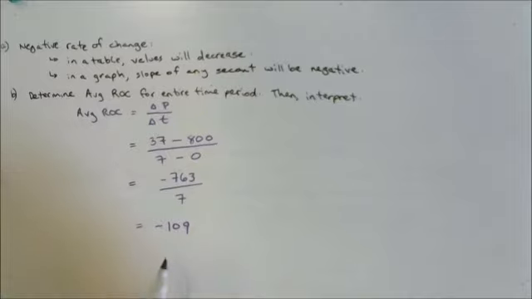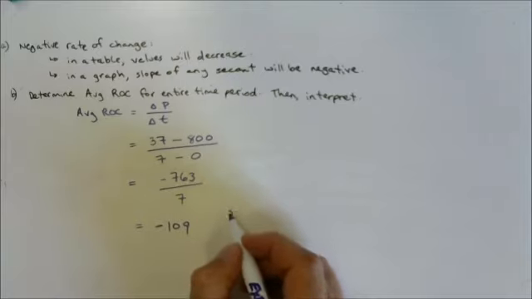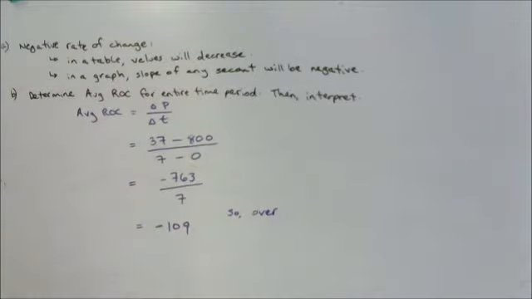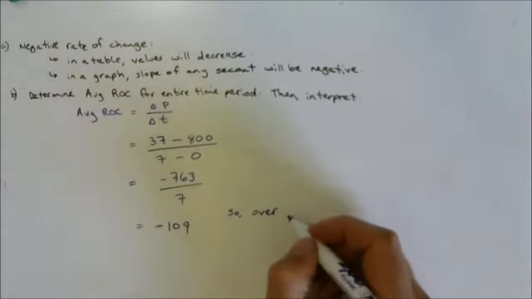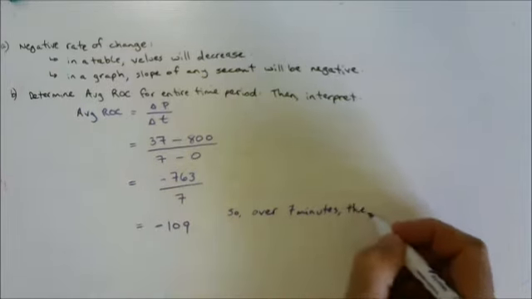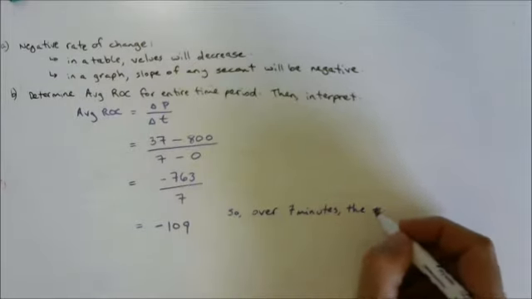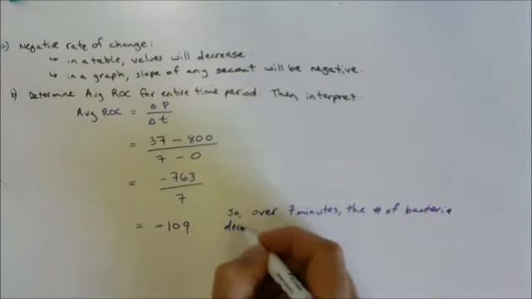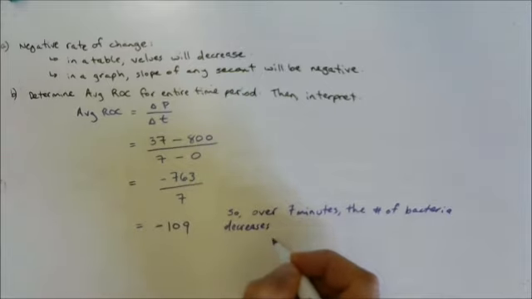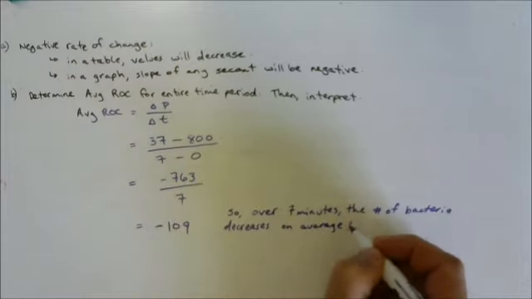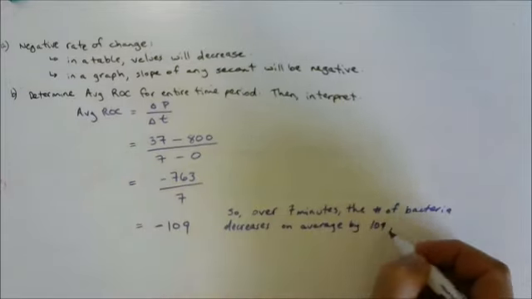So let's interpret that. What does that actually tell us? It's a rate of change of negative 109 bacteria per minute over the whole 7-minute period. Over 7 minutes, the number of bacteria decreases on average by 109 per minute.